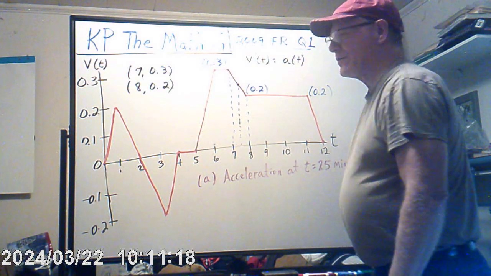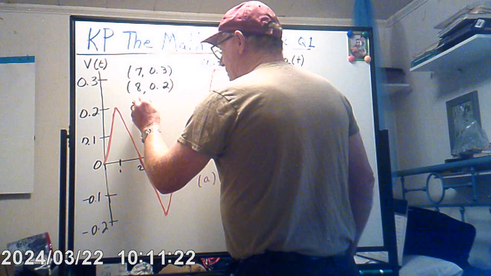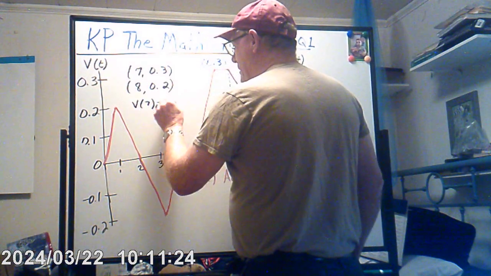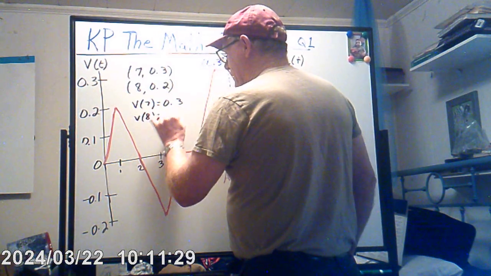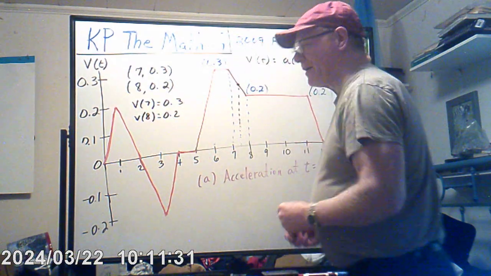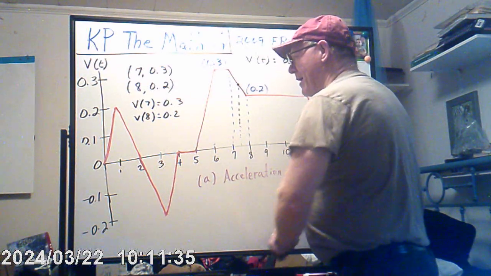I got the points. You might say that v at 7 is 0.3, and v at 8 is equal to 0.2. Same idea, same exact thing we're looking at.